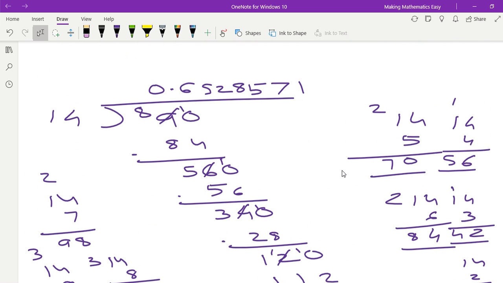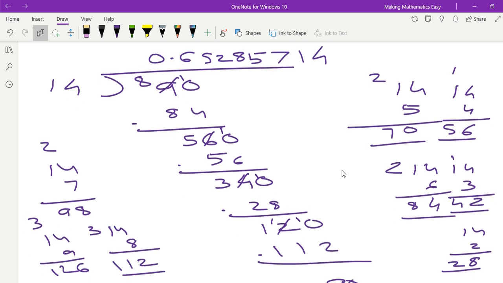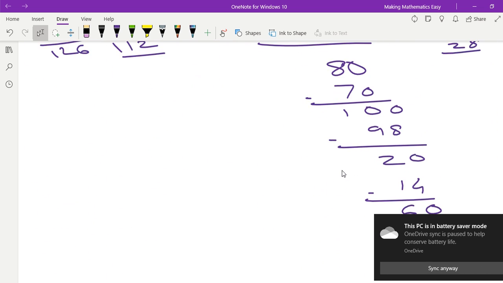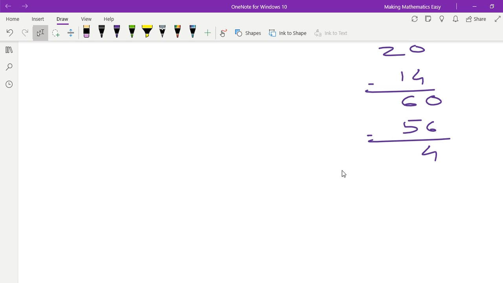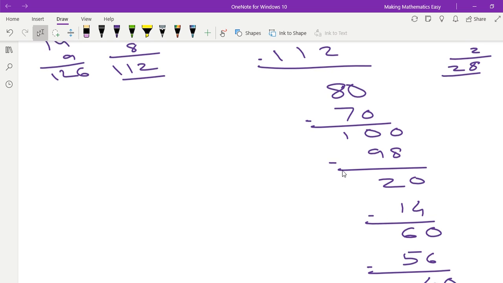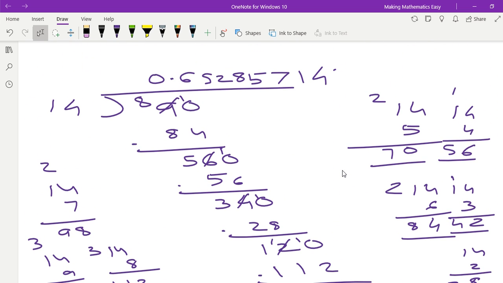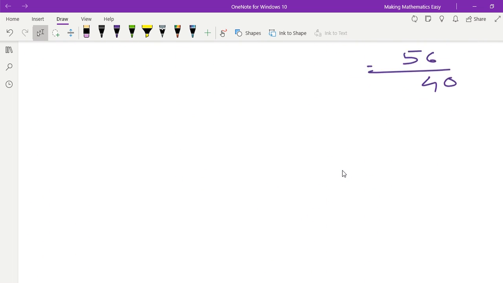So we can see 4 14s, that is 56. So this will be 4, this is 0, so we can use 2, 28.